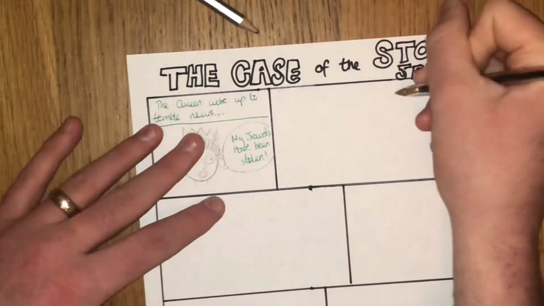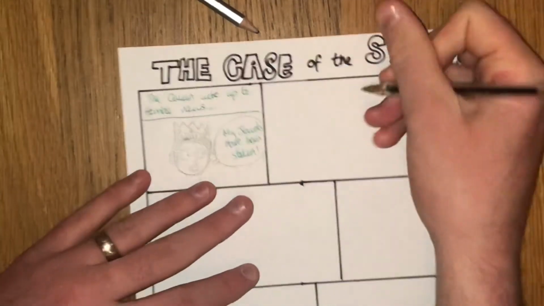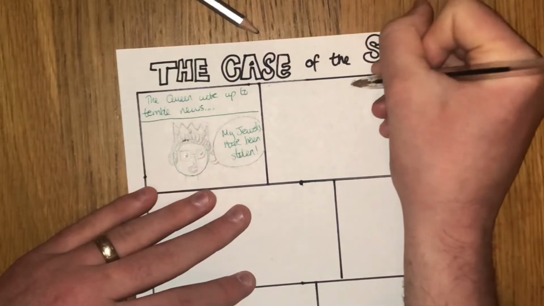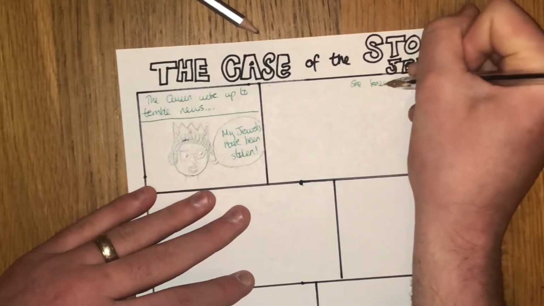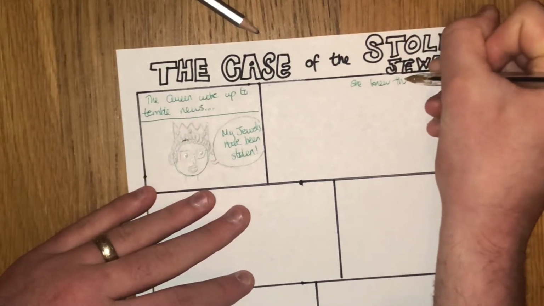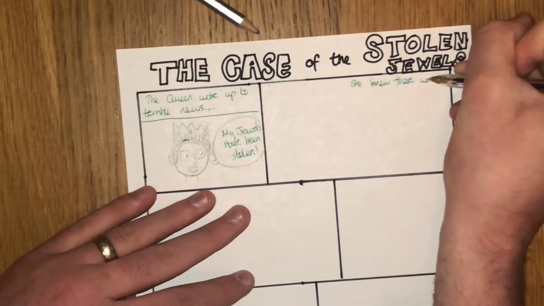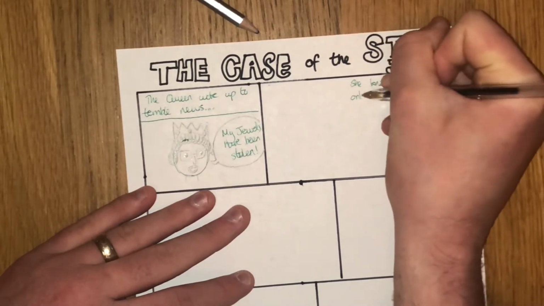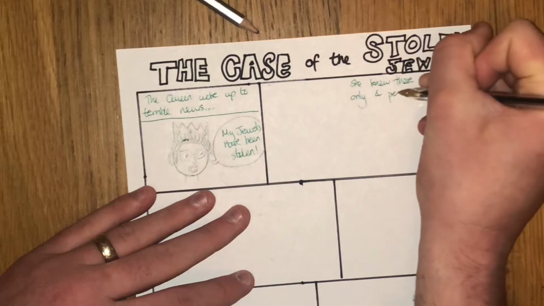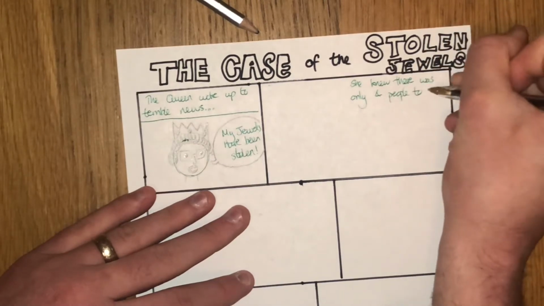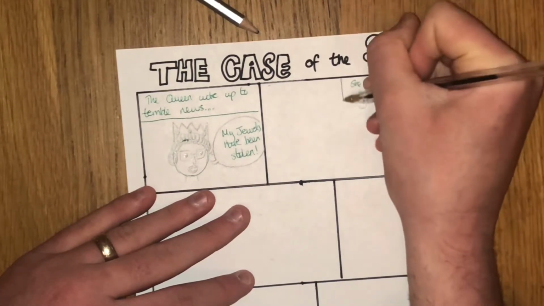And then I'm going to put my little narration box over here, and it'll just say, "She knew there was only 4 people to call." Put that in a little box so that it's narration.